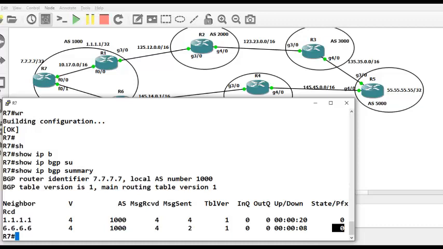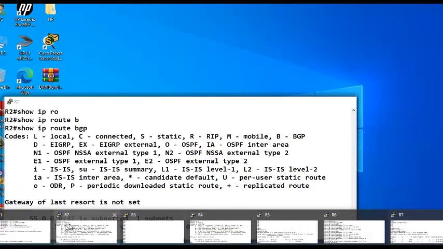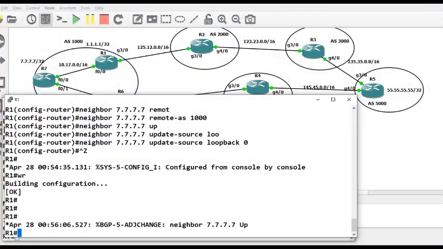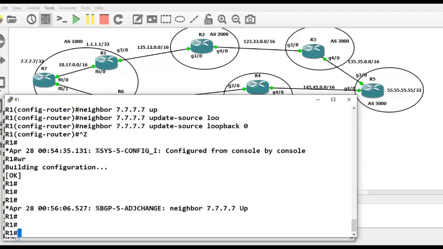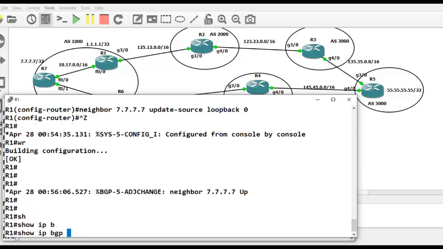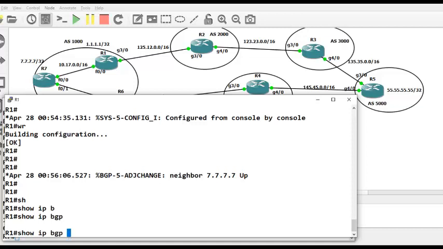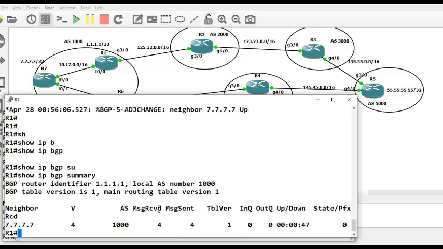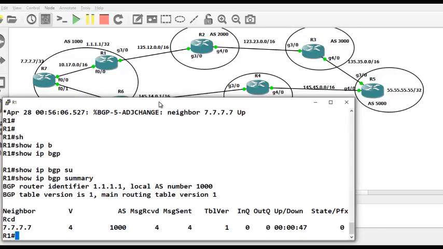Now what is next? For bringing the external network, I need to form EBGP between R1 and R2. Show IP BGP, there is no route because I don't have EBGP neighborship. Only IBGP we have. Let's form EBGP now.